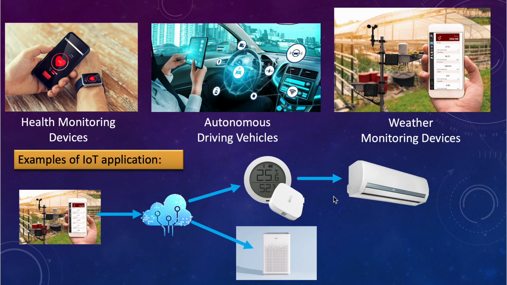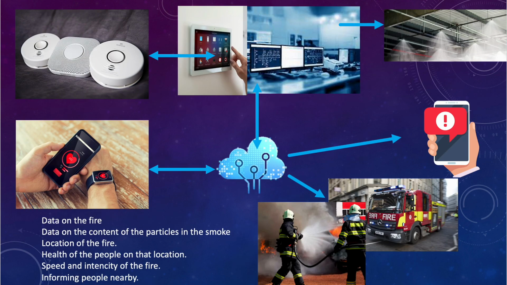Then we looked at a simple example of the data which is produced by weather monitoring IoT devices, when that data is transferred into IoT devices inside homes, how the temperature can be controlled, and so on, how Internet of Things works. This was a simple example from point to point.